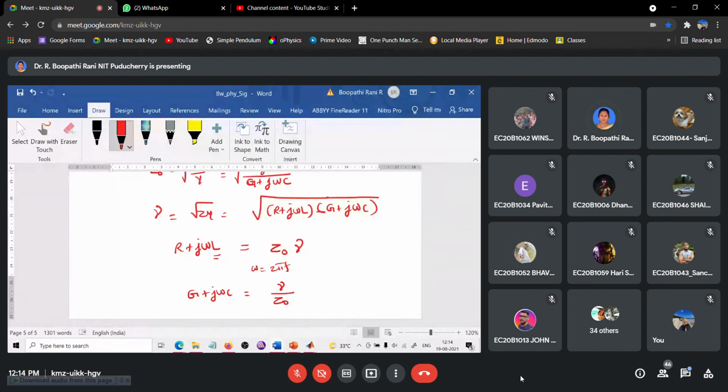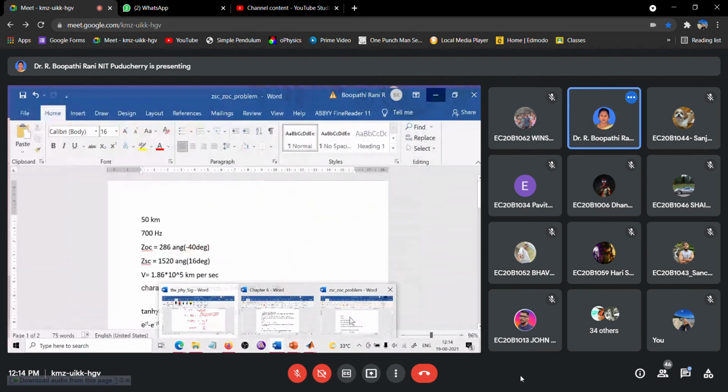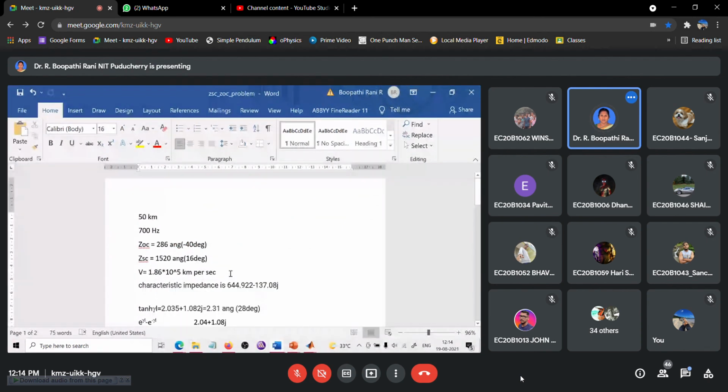Yes. So relating to this, you need to solve one problem. For that, these are the variables. You take it down, and the answer we will discuss in the next class. See, the length of the line is 50 kilometer.